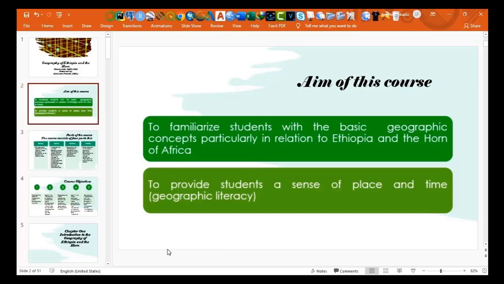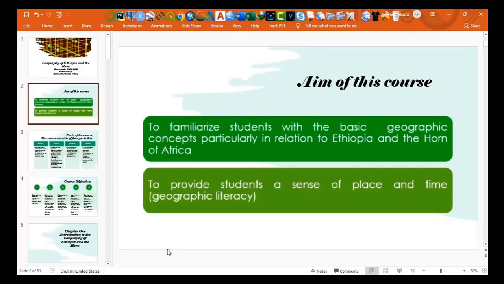the Horn of Africa. Secondly, the aim of this course is to provide students a sense of place and time, or geographic literacy that are pivotal in producing knowledgeable and competent citizens who are able to understand and analyze spatial problems and contribute to their solution.